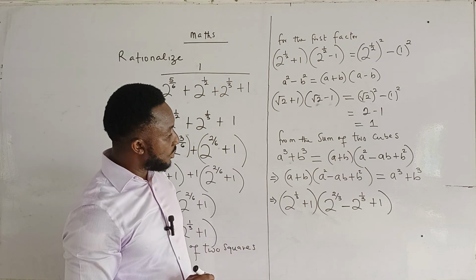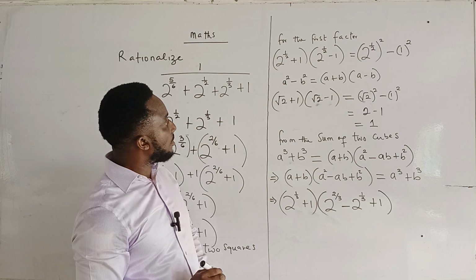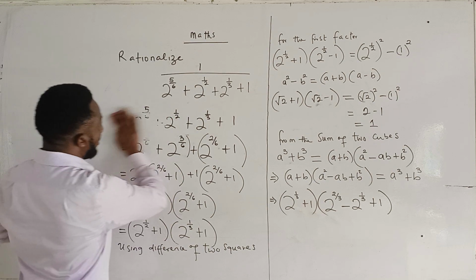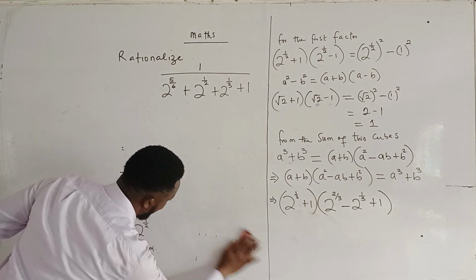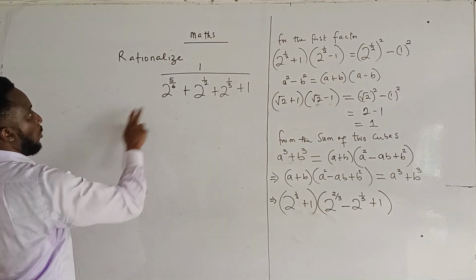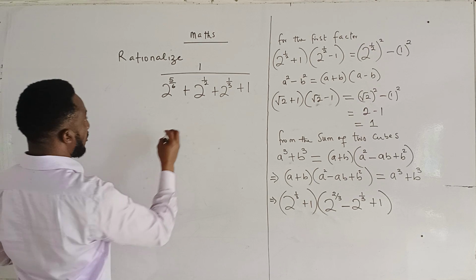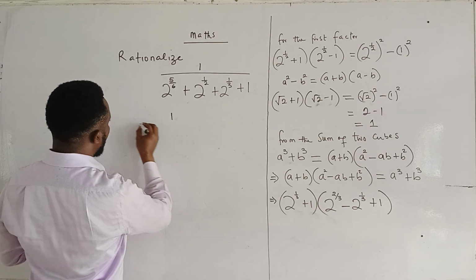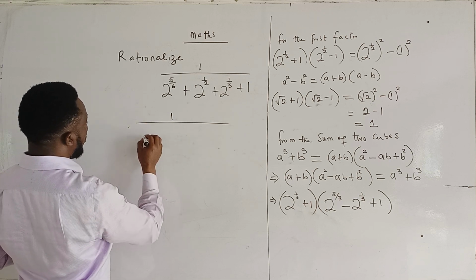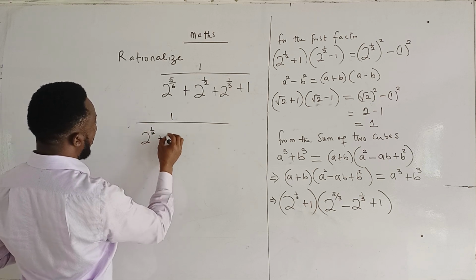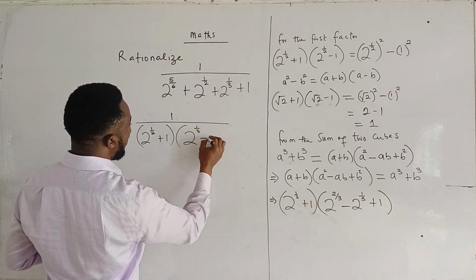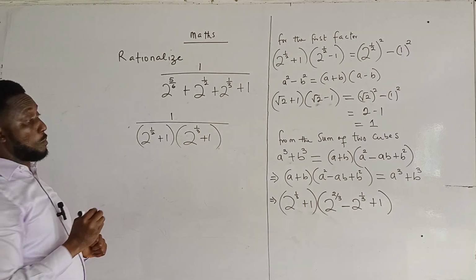Now the next thing I shall do is to rationalize the entire surd. Now mind you, I want to retain this. I will take this off. When we simplify this surd, we have something like this: 2 to the power of 1/2 plus 1 as a factor, 2 to the power of 1/3 plus 1 as a factor.